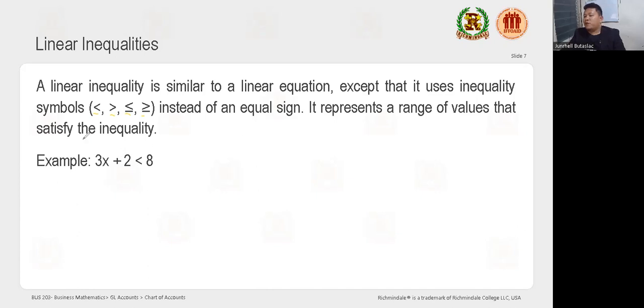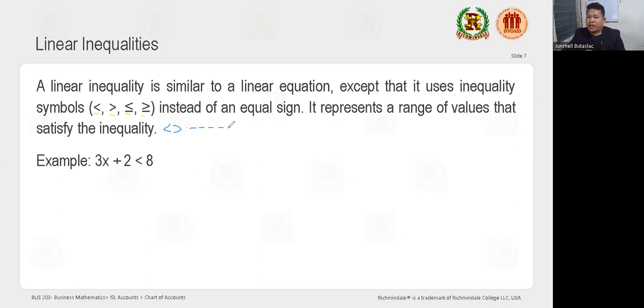Before we proceed with this example, take note of the line that we apply on the graph in linear inequalities. Let's say for example, less than or greater than. In the given linear inequality, the line applied on the graph must be a dashed line.